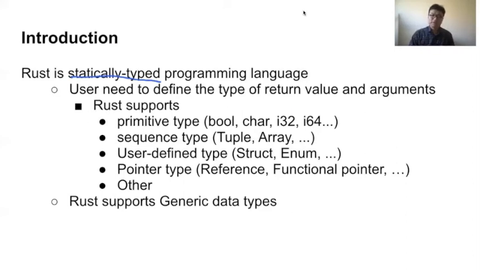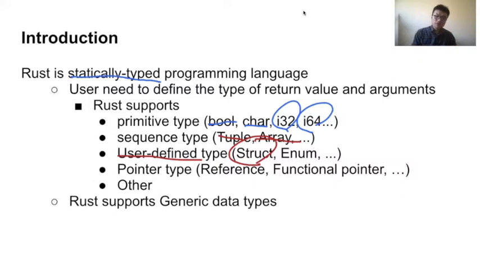It can have primitive types: Boolean, character, i32 (32-bit integer), 64-bit integer, and many different sizes of integer. It also provides arrays and tuples. And like C, where we have a structure, structures are also supplied. So you can see there's not so much difference between types in Rust and types in C.